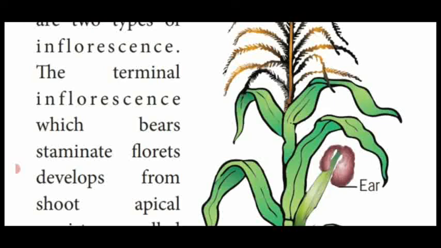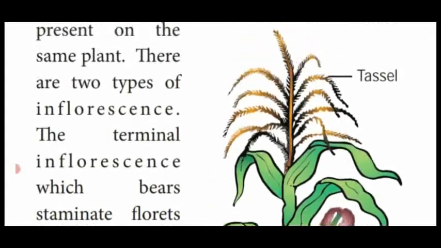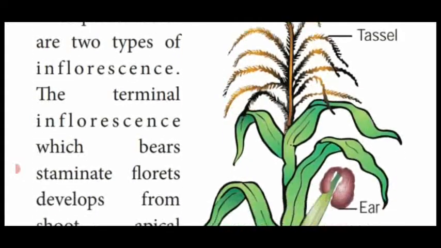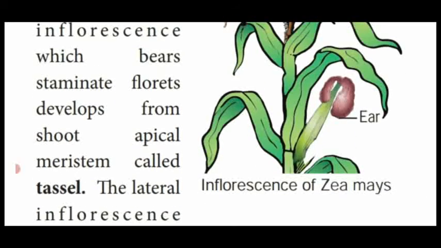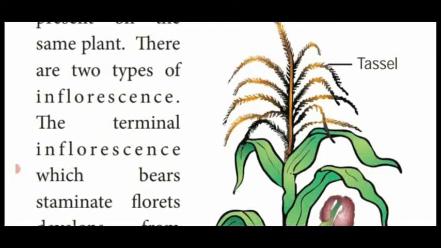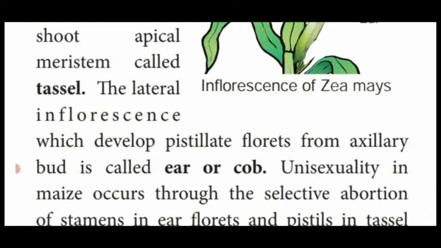Florets means the flowers arranged in the form of a bunch. So the tip of the stem has the male inflorescence, named the tassel, which contains staminate florets. The other one, in the lateral position of the maize plant, is the female inflorescence, named the ear or cob, which contains pistillate flowers.